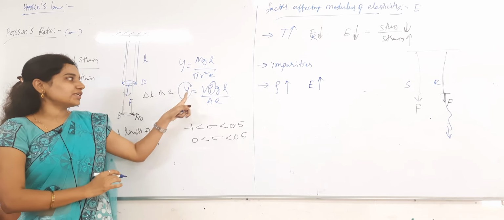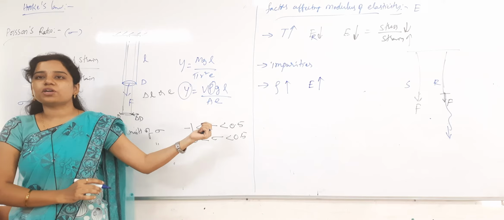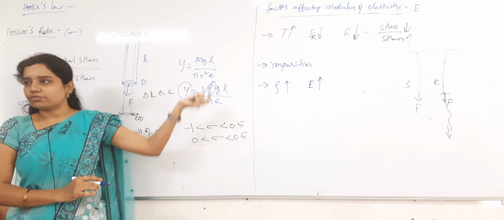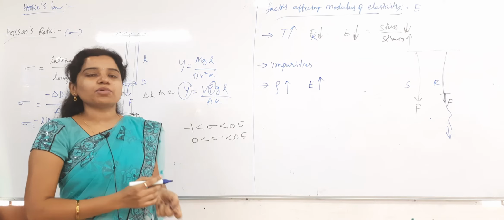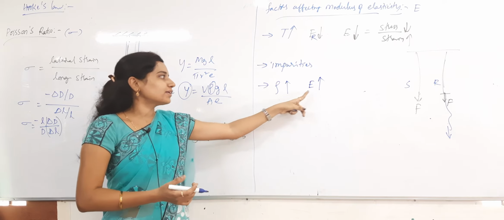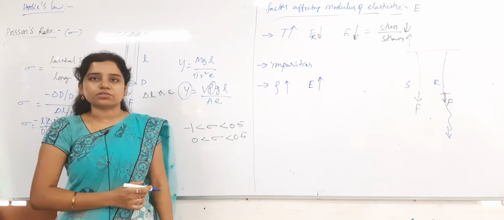As rho increases, Y also increases. Y is Young's modulus, and that is in case of lengthwise bodies. As Y increases, I can say the body is more elastic. Correct? So density is directly proportional to E. Density increases means E also increases.